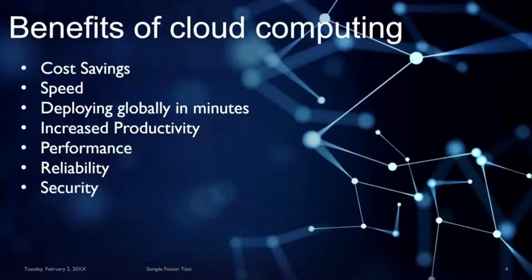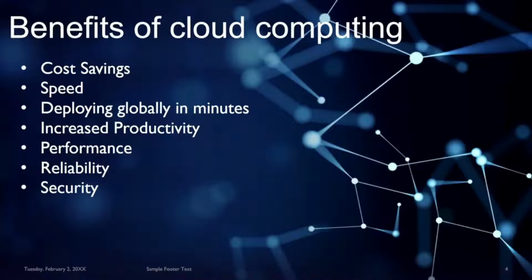Performance also increases. Then reliability: if you set up a high availability system on our on-premises system, the architecture becomes quite complex. For every server we need to buy a redundant one and configure them together. If you want to provide high availability, we also need to set up a disaster recovery site.